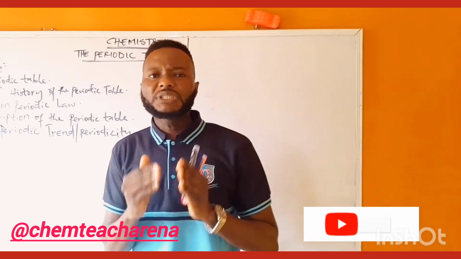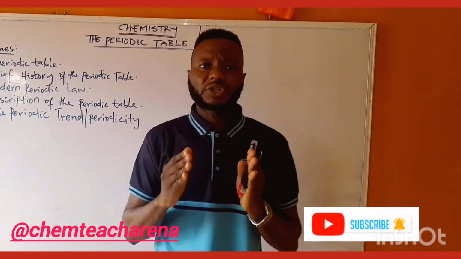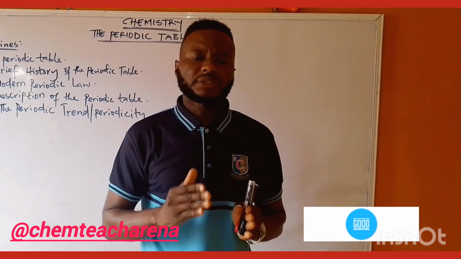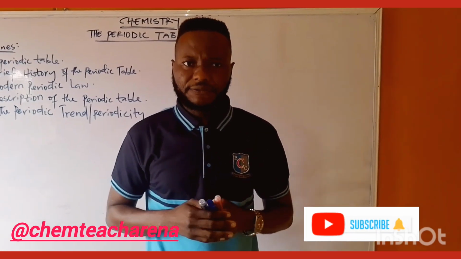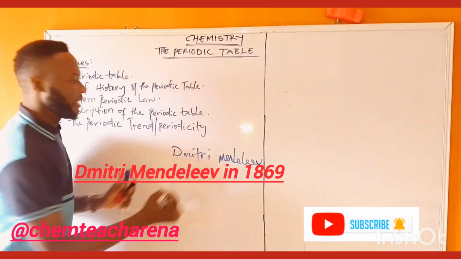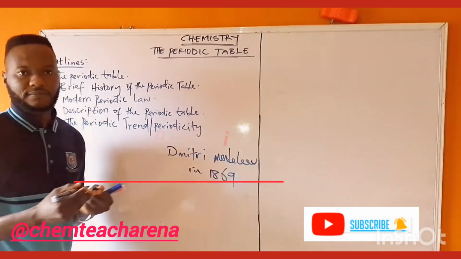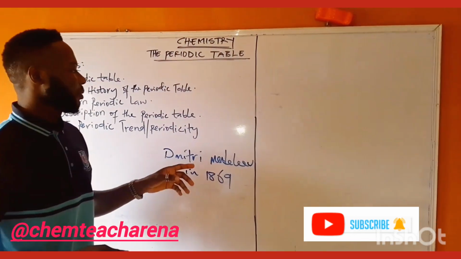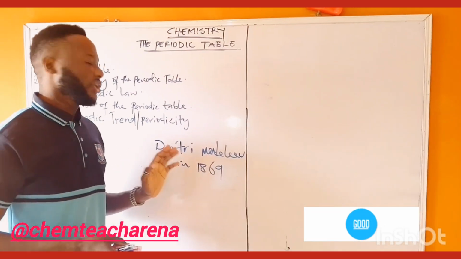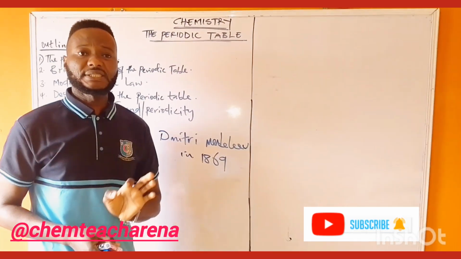Now, the periodic table was constructed by a Russian scientist called Dmitry Mendeleev in 1869. Yes, the periodic table was first constructed by a Russian scientist called Dmitry Mendeleev in 1869.